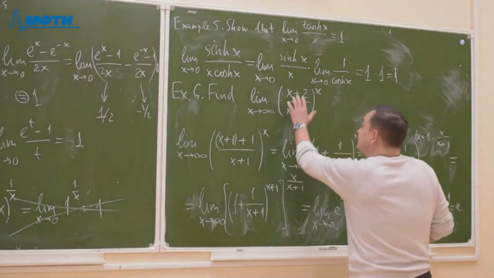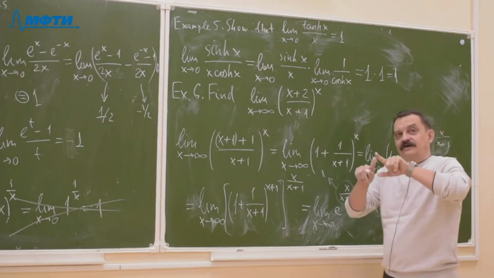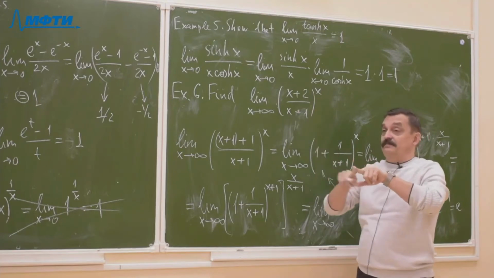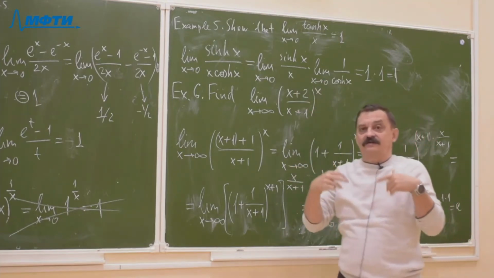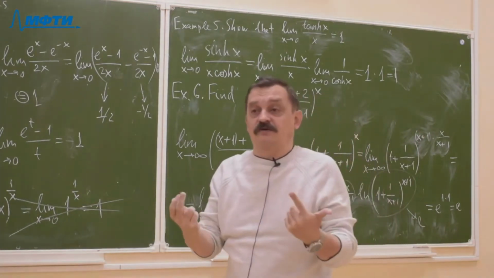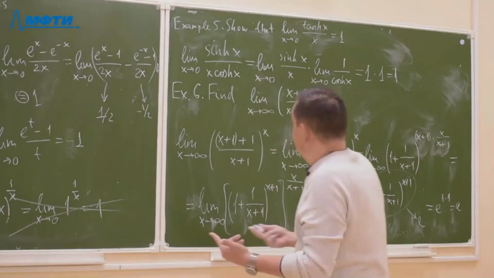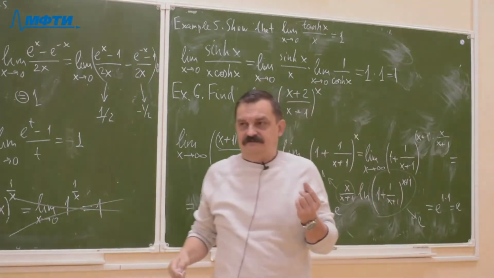Look, this is correct. Why? We consider those two limits separately because we use the theorem about the product of limits.